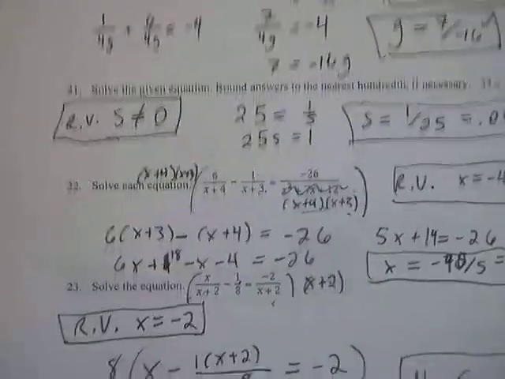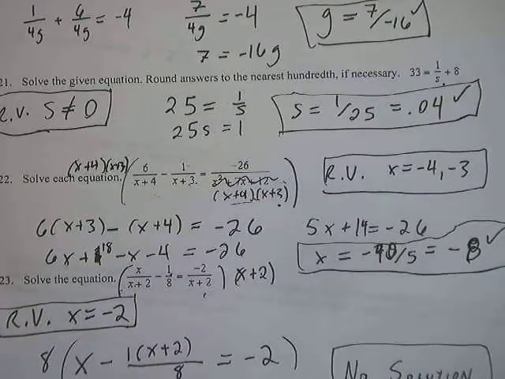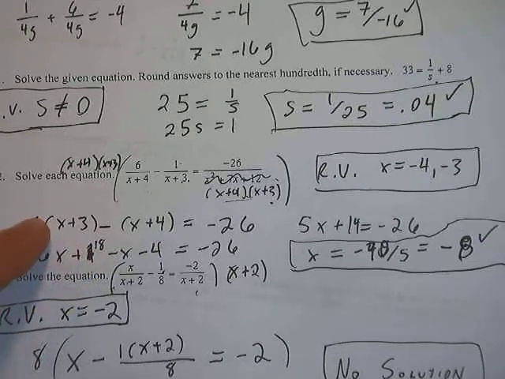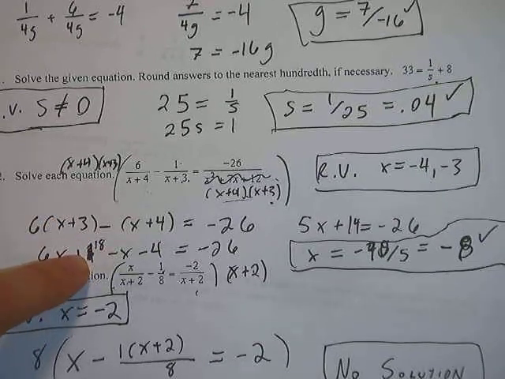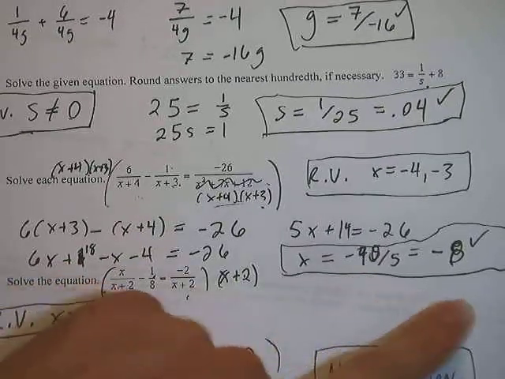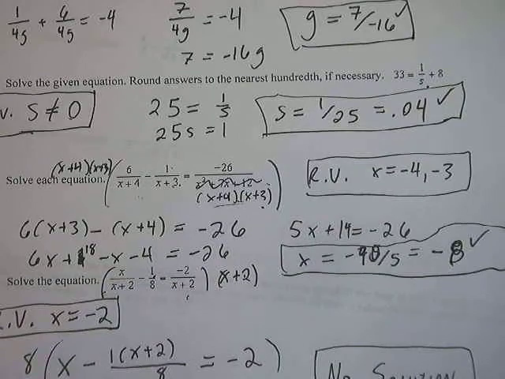Number 22 here. You'll notice that I forgot to distribute the 6 again. It should have been 6x plus 18, which will change the answer to negative 40 over 5, which equals negative 8.